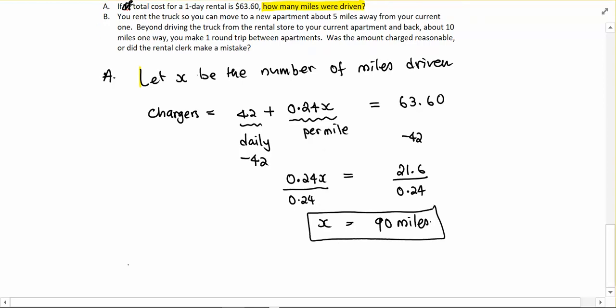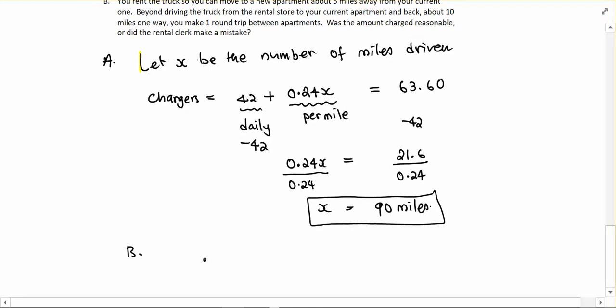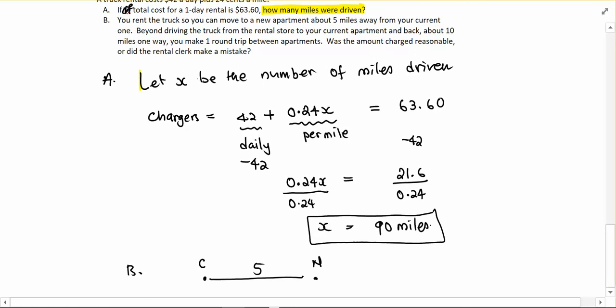Part B says you rent the truck so you can move to a new apartment about 5 miles away from your current one. So let's see, you're here and that's your new. So let's say current, new, this is 5 miles. Beyond driving the truck to the rental store to your current apartment and back about 10 miles away, you make one round trip.